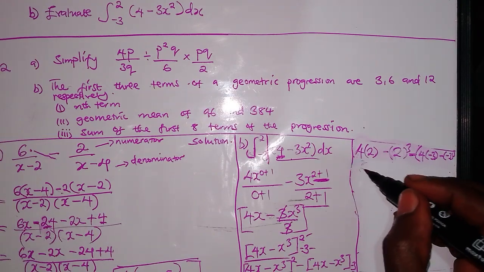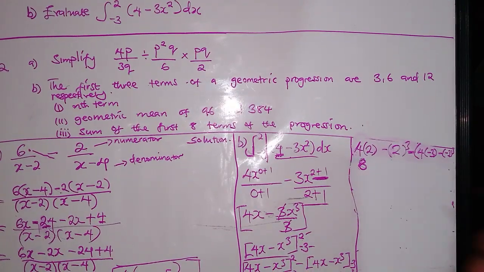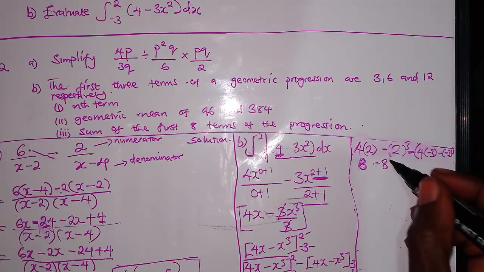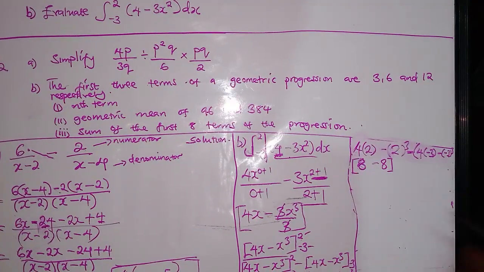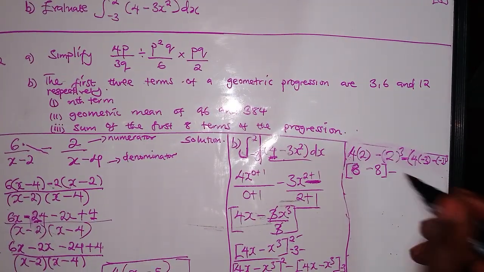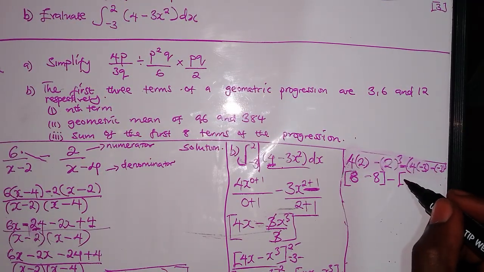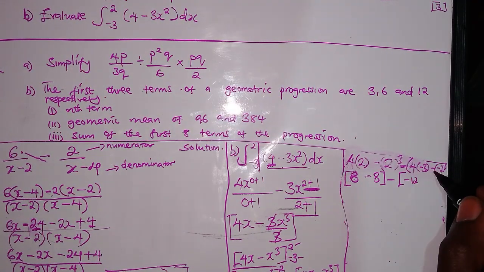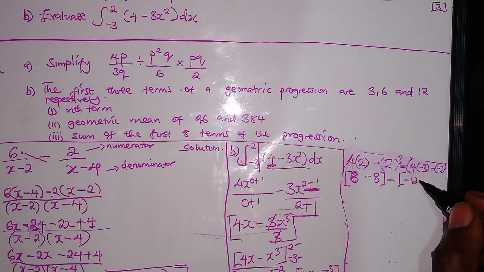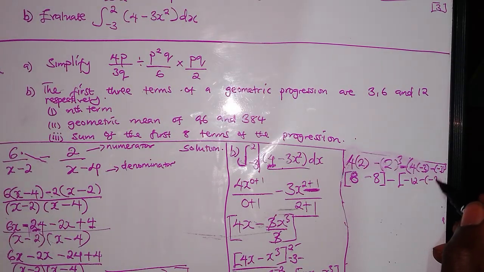So 4 times 2, we have 8 minus 8, which is our upper limit. Then you say minus 4 times -3, we have -12. Then -3 to the power 3, we have -27.